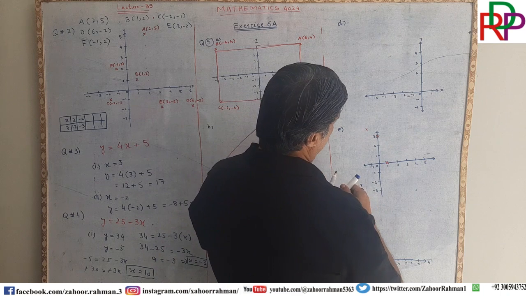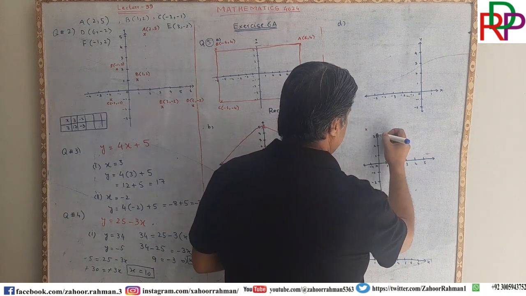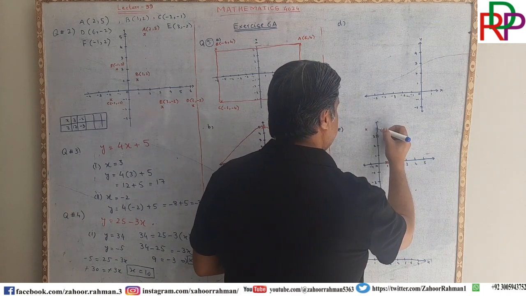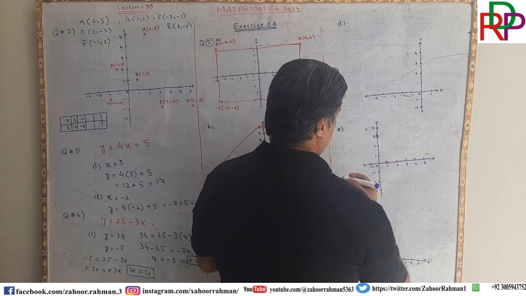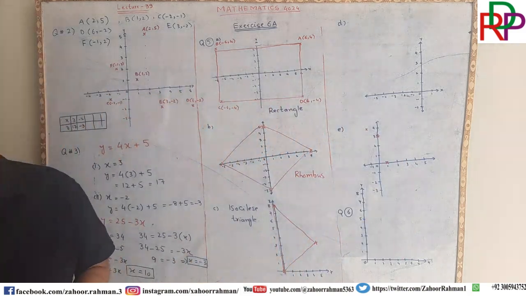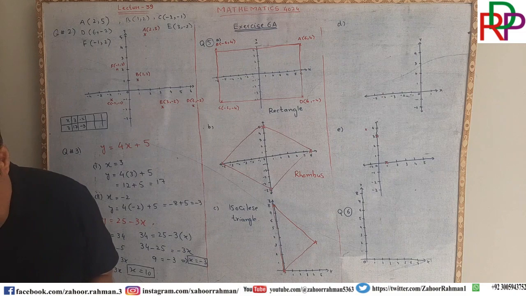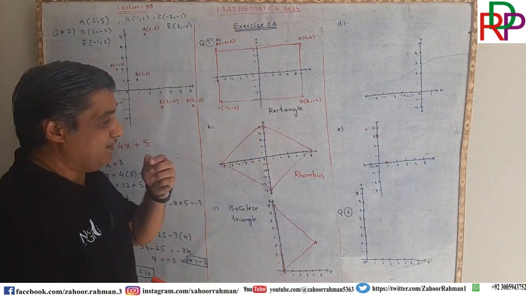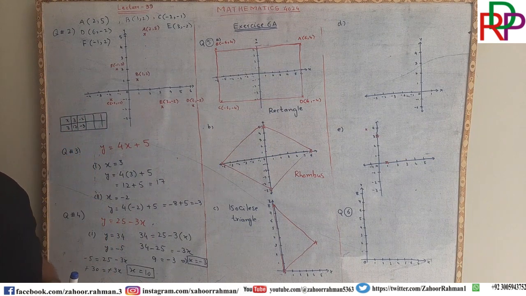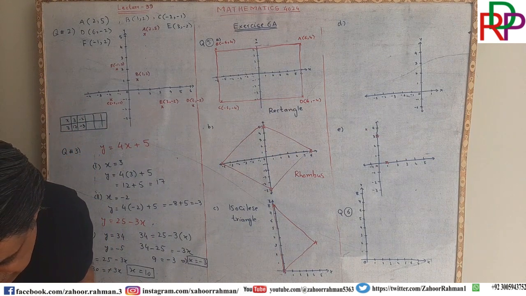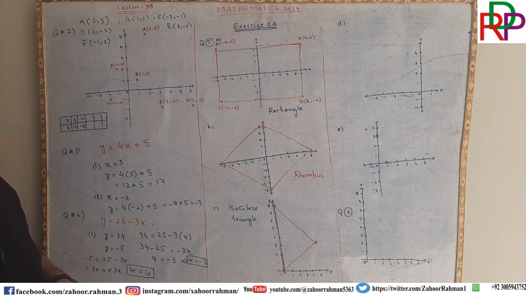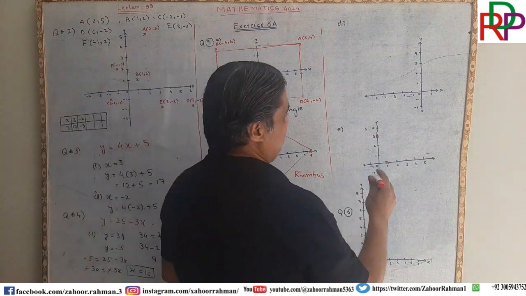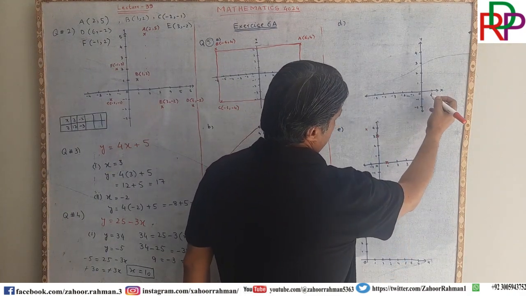I am drawing this a bit further, and then I am saying that it is 4. So the second point will be, the third point will be there, and minus 5, minus 2. Minus 5 and minus 2 is the next one. Sorry, ladies and gentlemen, we have to draw it on this.